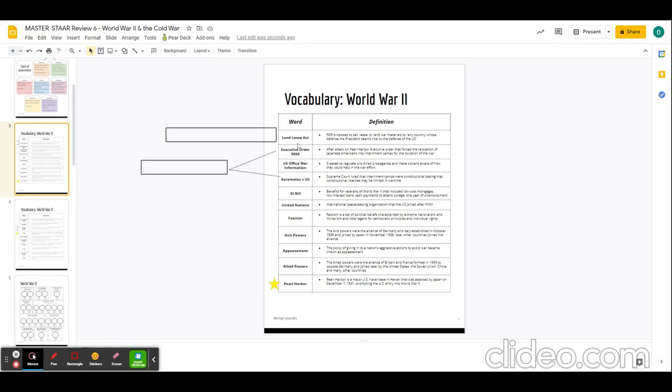We're going to start with the Lend-Lease Act up here. And so if you look at the Lend-Lease Act, this begins before the United States enters the war. And this is significant because it pulls the USA out of the Great Depression.